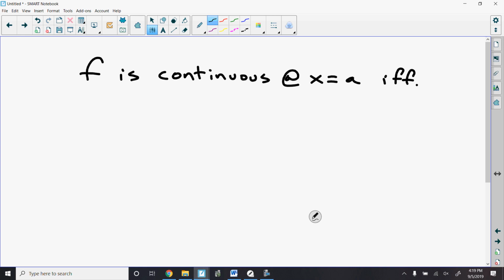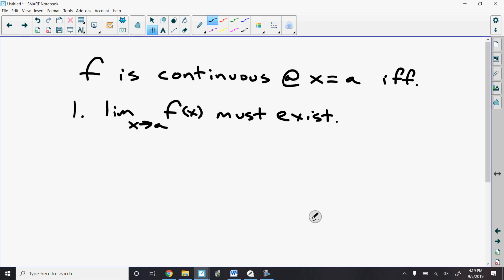So step 1 for proving continuity at a point: the limit must exist. So we're going to have to show that the limit exists.